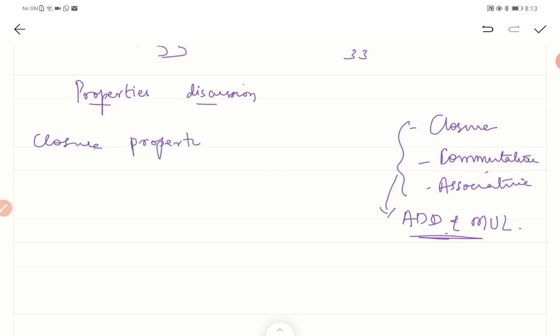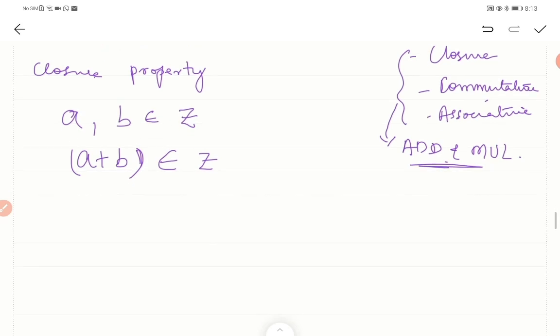For any two integers a and b, if I add them, the result of a plus b should also belong to Z, that is, the number should be an integer. If I take an example, a equal to 2 and b equal to minus 1, then a plus b is 2 plus minus 1.